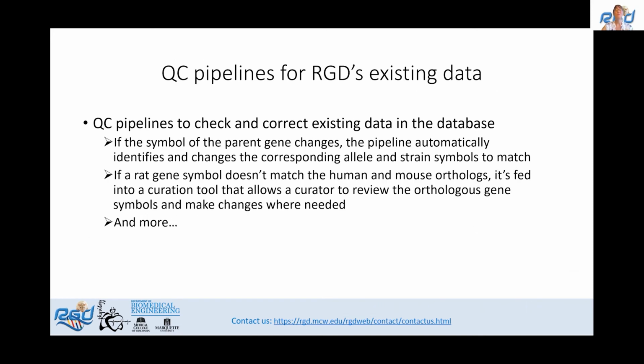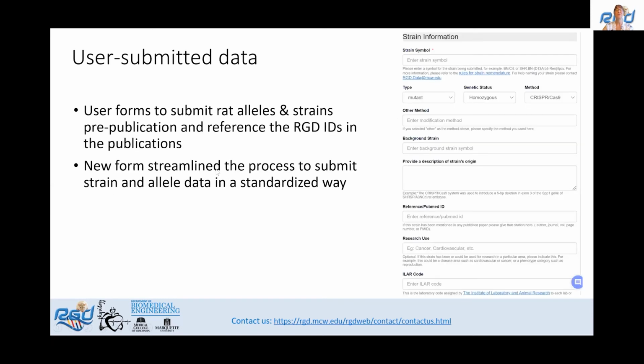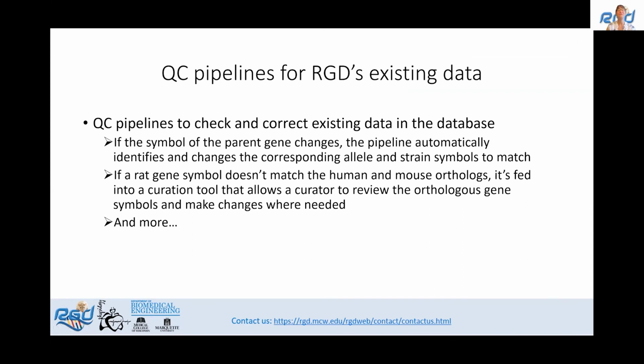We've developed some QC pipelines within RGD's existing data sources to check and correct data in the database. So for instance, if a symbol of a parent gene would change, the pipeline automatically identifies those changes and changes the corresponding allele and strain symbols to match those.